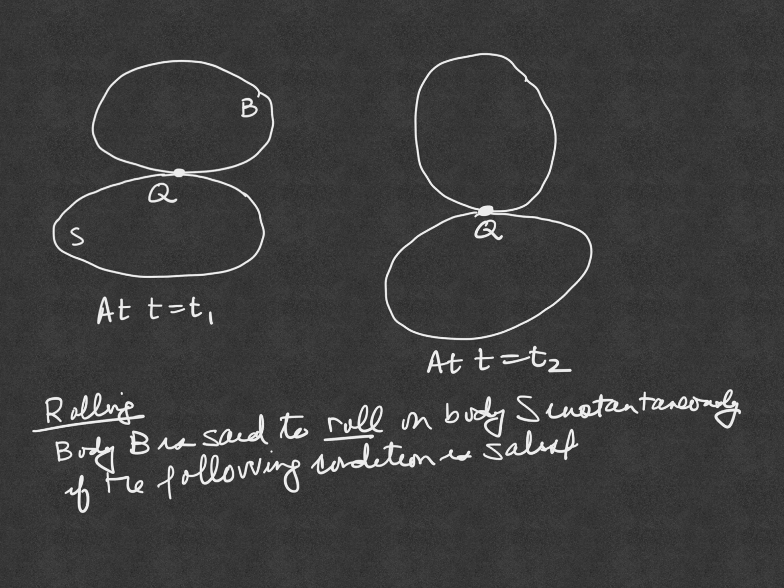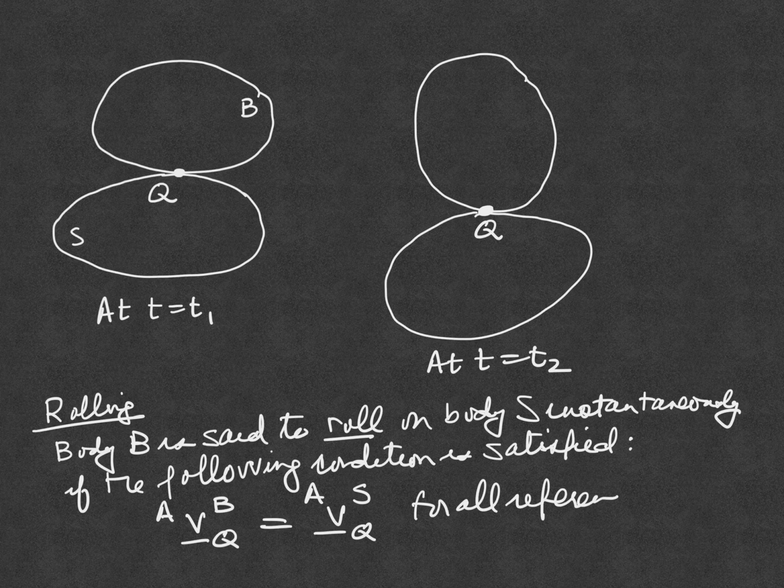And that condition is that the velocity of point Q on body B, as viewed by an observer in an arbitrary frame A, is equal to the velocity of point Q on body S in A. And again, A is just an arbitrary frame. It doesn't make a difference what A is. And this is true for all reference frames A. It doesn't matter what the frame is. This is the definition of rolling.